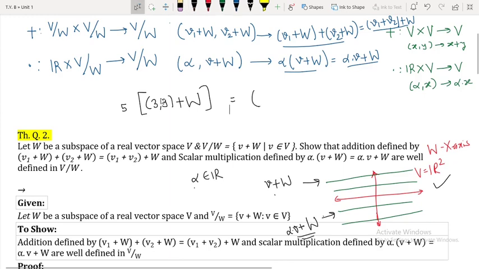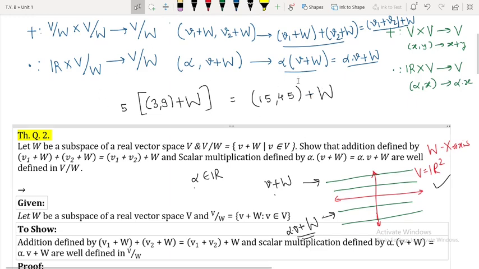What you will get here is (15, 45) plus W. In this way the scalar multiplication is defined, right?